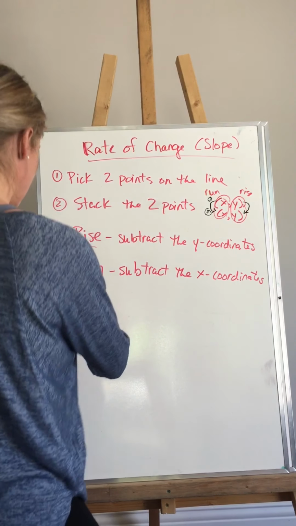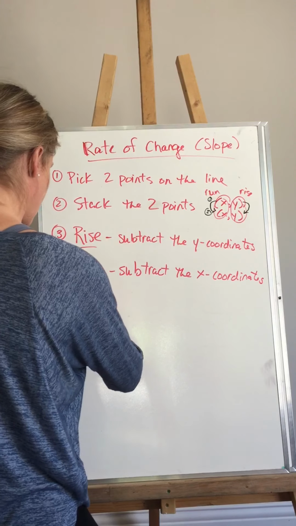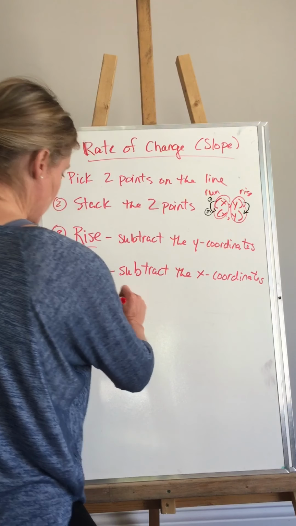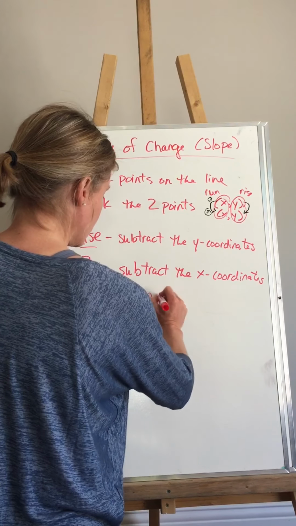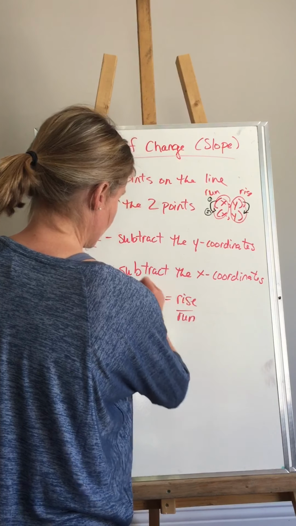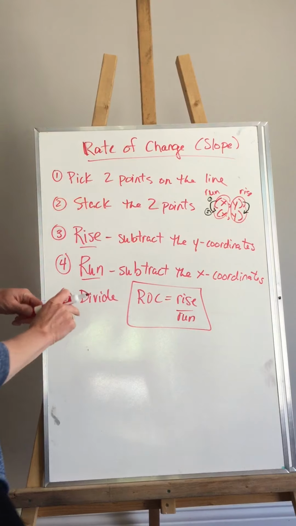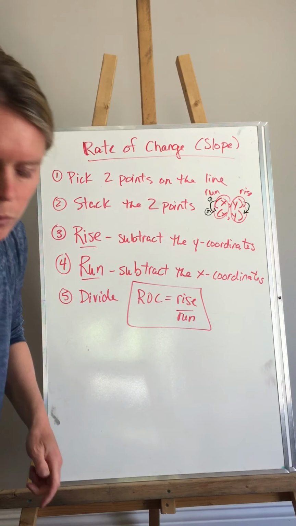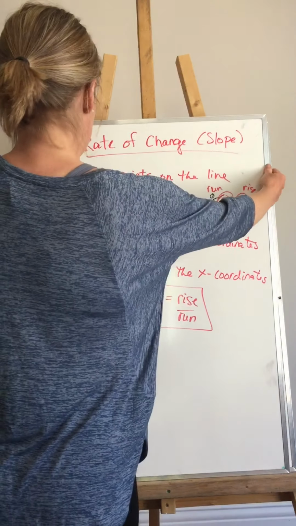And your last step is to divide, okay, so rate of change is equal to the rise divided by the run. Okay, so I'll just leave those steps because we will refer back to them.